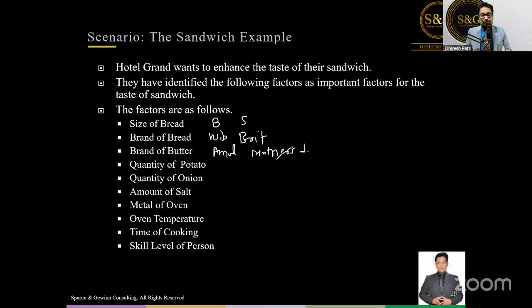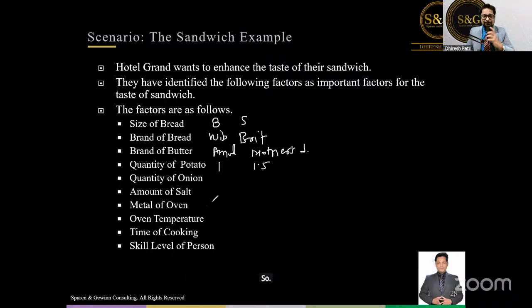Is it discrete or continuous? Discrete. Quantity of onion can be 1 or 1.5. That can be continuous data. Quantity of potato, quantity of onion. Amount of salt in grams or milligrams can be continuous data.